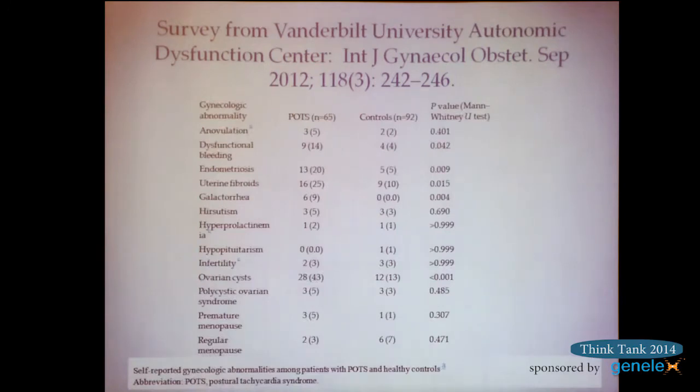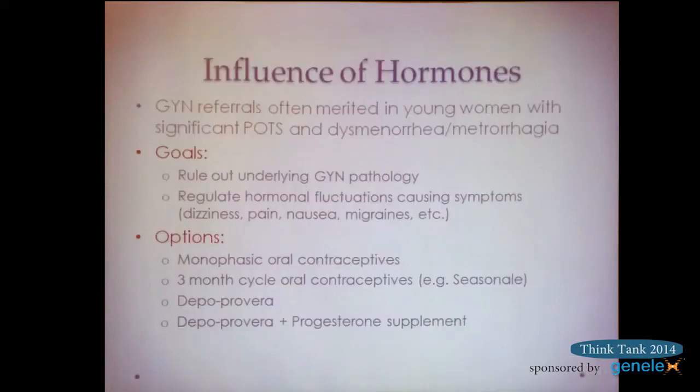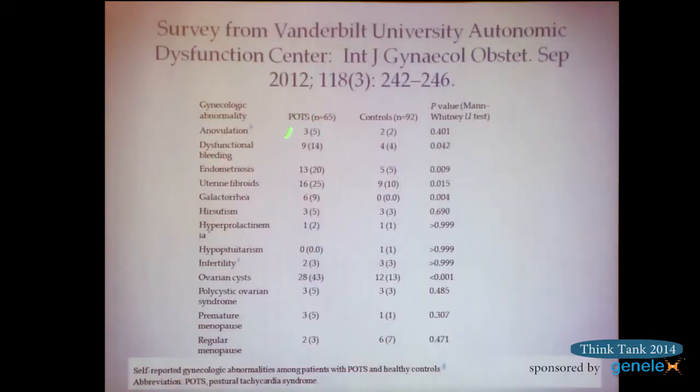We also know that patients with POTS seem to have more associated GYN issues than patients who do not have POTS. So they have more issues with dysfunctional uterine bleeding, more endometriosis, more incidence of fibroids, more galactorrhea, and then ovarian cysts.